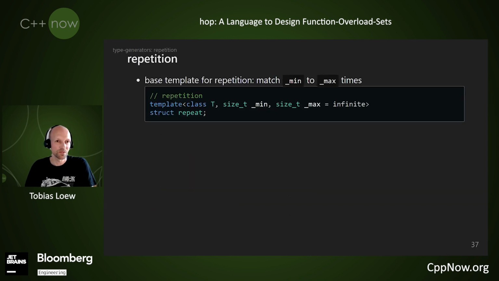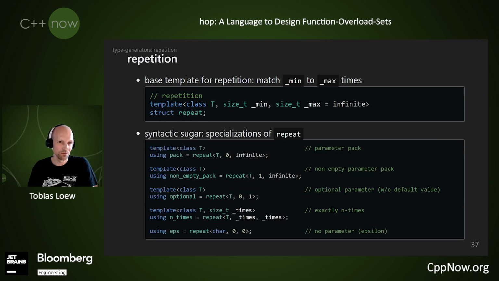So repetition. Therefore, we have a base template called repeat, where you specify a type or a type generator list or type generator, and you specify a minimum and a maximum repetition.